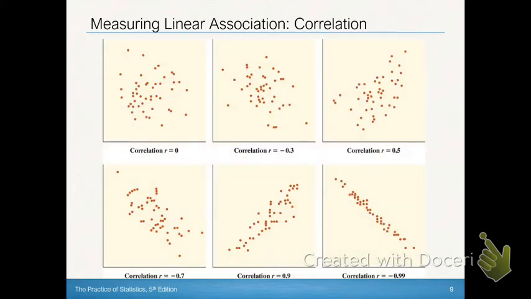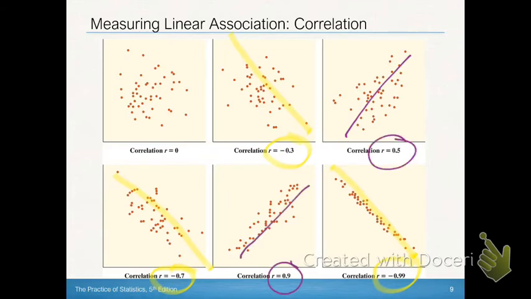Now this is just a picture to get you to start seeing what the different R values look like. So remember, if you could draw a negative sloped line through the data points, that's when the R value is negative. Or if you could draw a positive sloped line through it, that's when your R value is positive.